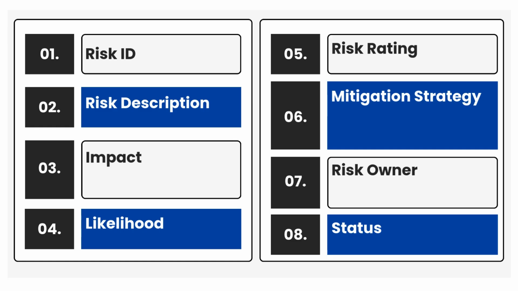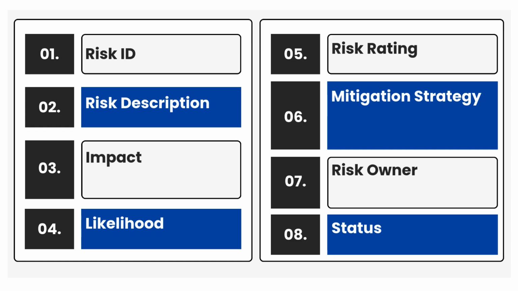3. Impact. What would happen if this risk materialized? Would it cause data loss, system downtime, reputational damage? Use clear language and categorize, e.g., high, medium, low. 4. Likelihood. What's the probability this risk will actually occur? Based on past incidents, threat intelligence, or expert judgment.